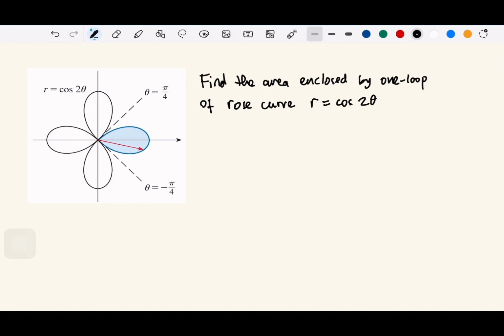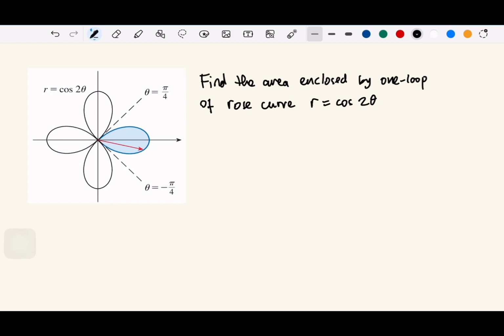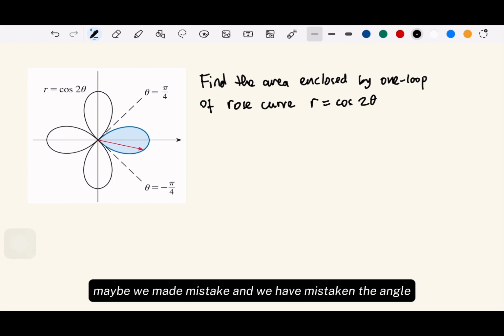If we are trying to find 2 loops or 3 loops or 4 loops, we just multiply this one loop by 2, 3, or 4. That's to avoid mistakes. If we try to work out the angle, maybe we mistake the angle.